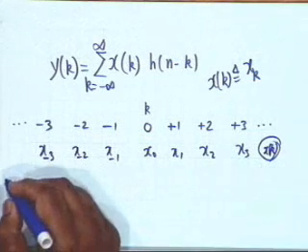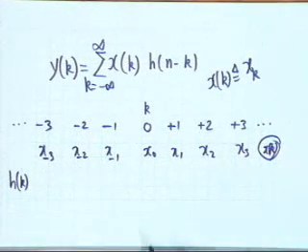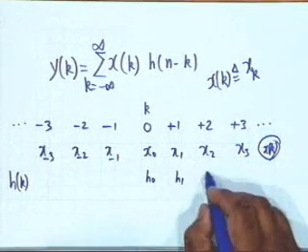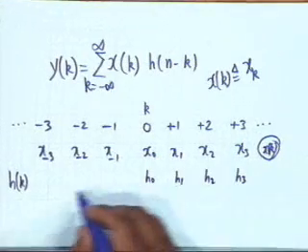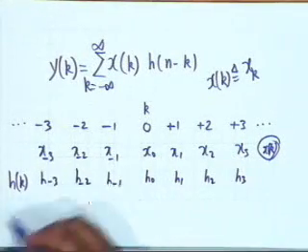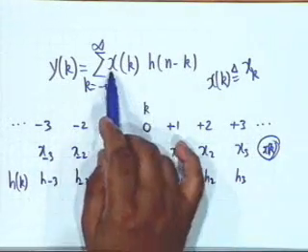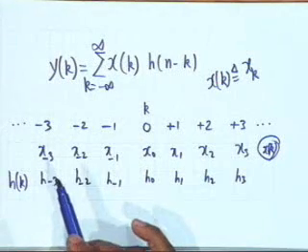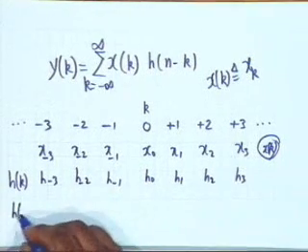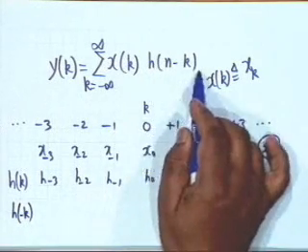Let's write h of k also below this. Try to follow this. h0, h1, h2, h3, h minus 1, h minus 2, h minus 3. What I'm trying to do is to visualize this convolution summation. All right. Now this is h of k. What we need is, however, h of minus k. There's an h of n minus k.